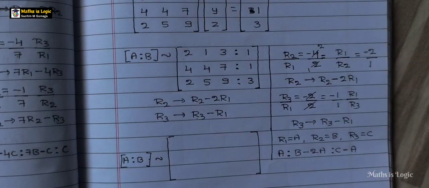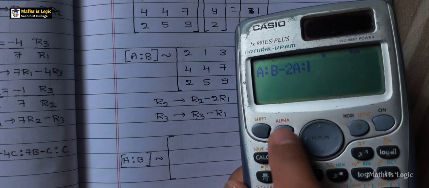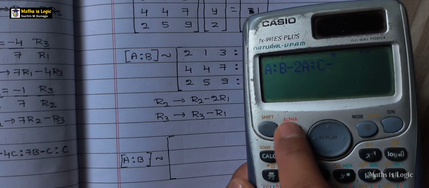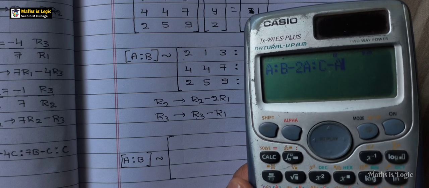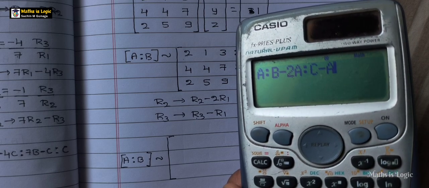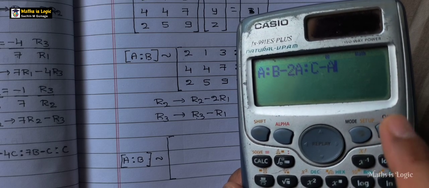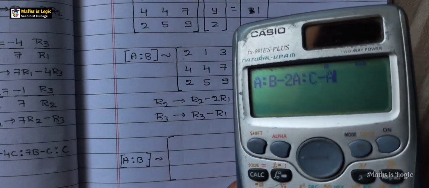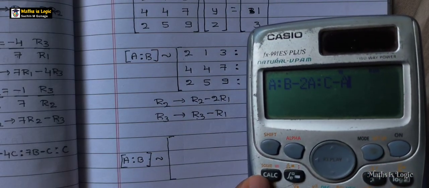Next C minus A: press alpha C, minus, press alpha A. So this is the formula: A colon B minus 2A colon C minus A. After writing that formula, press the calculate button.